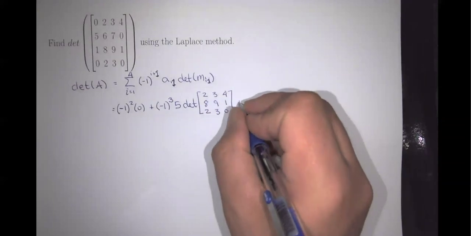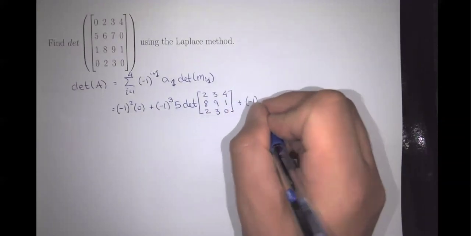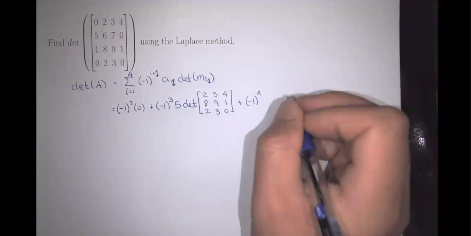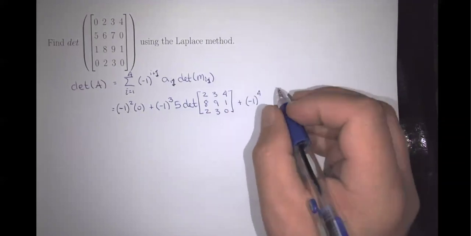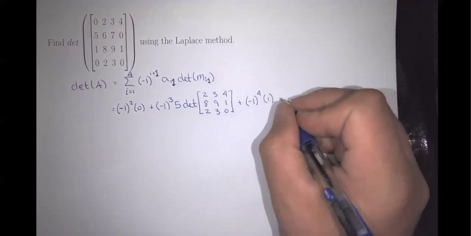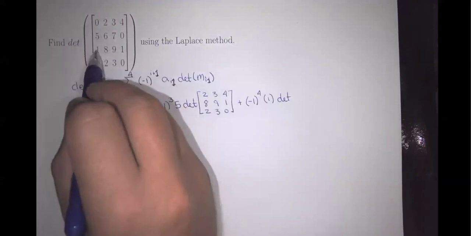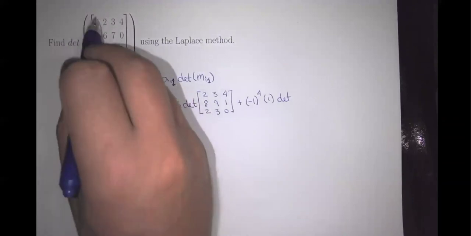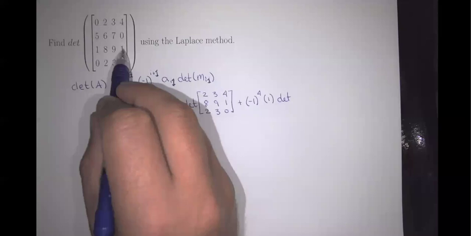Plus -1 to the power of 4, because we're on row 3, column 1, times 1 times the determinant. We're on row 3, column 1, so we're going to remove this column and this row.